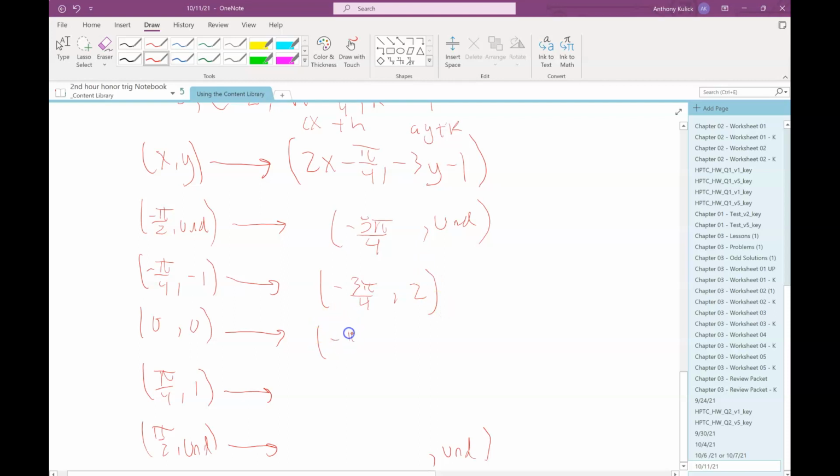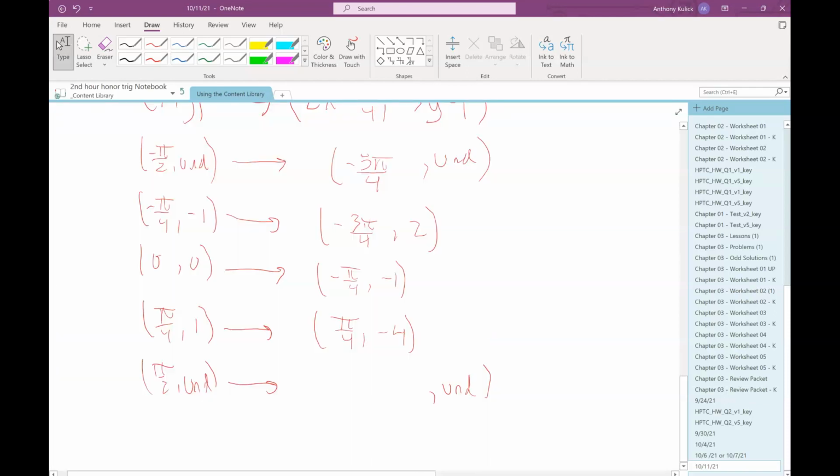And then plugging 0 in, I just have h and k. And then plugging 1/4 in, 2 times 1/4 is 1/2, minus a 4th is 1/4. Negative 3 times 1 is negative 3, minus 1 is negative 4.